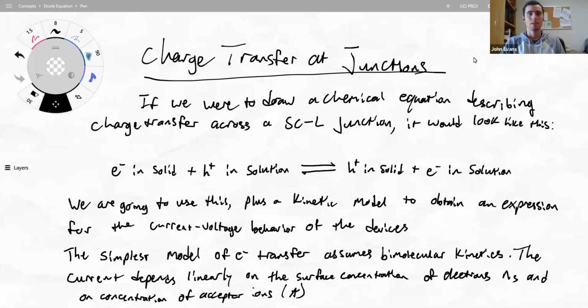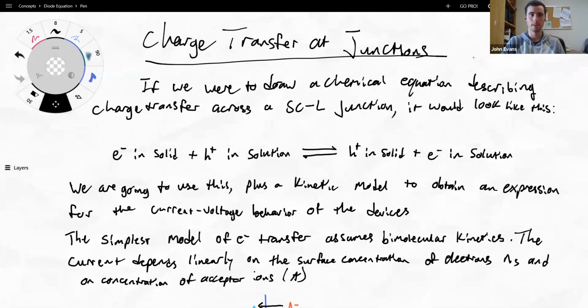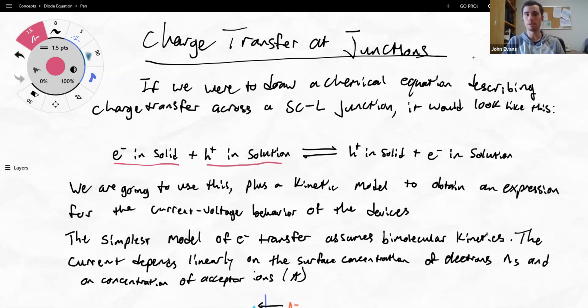Okay, so if we're going to draw a chemical equation describing the charge transfer across a semiconductor liquid junction, it would look sort of like this equation here. So we would have an electron in the solid, or equivalently a donor in the solid, and a hole in solution, or an acceptor in solution.